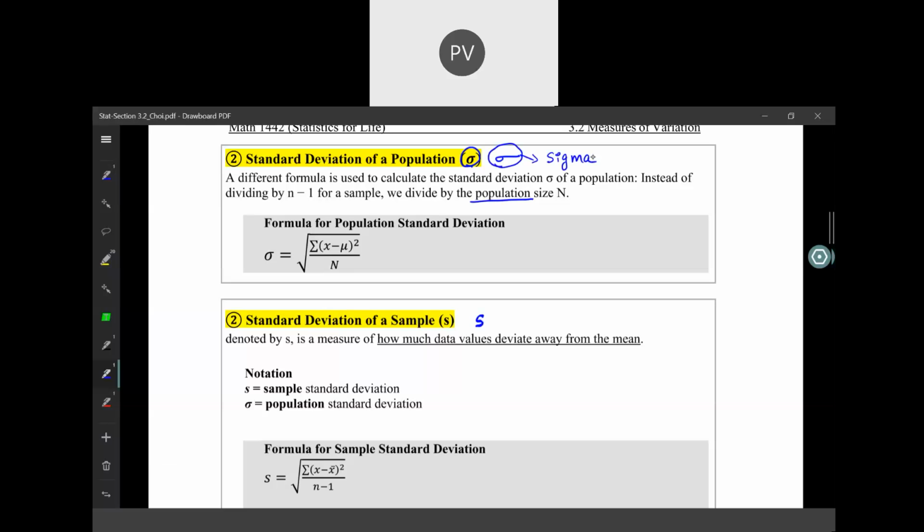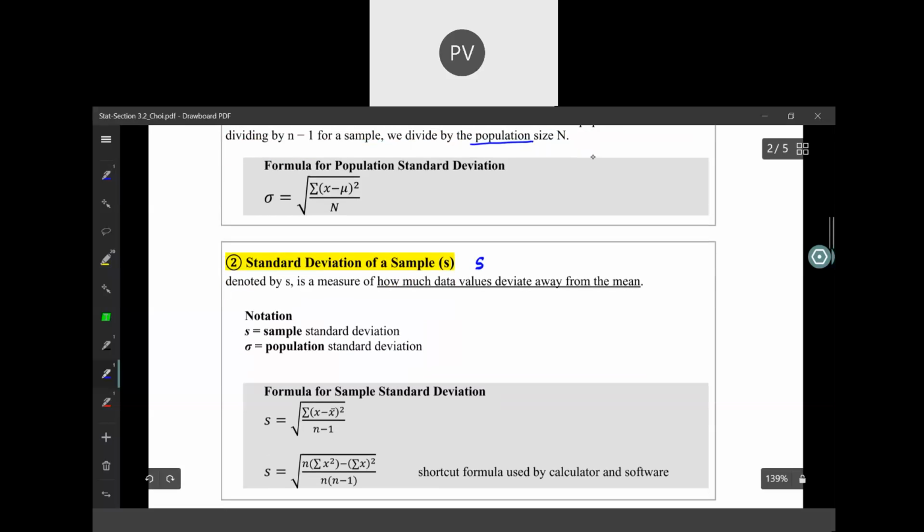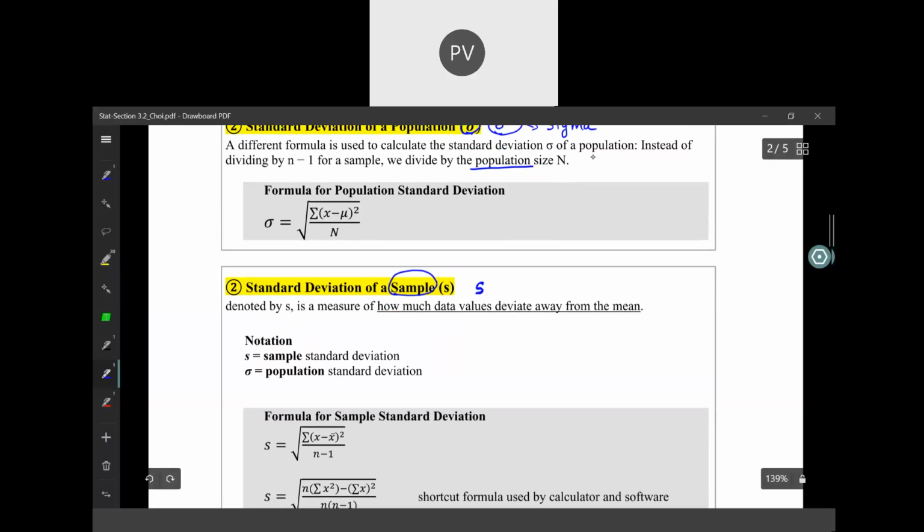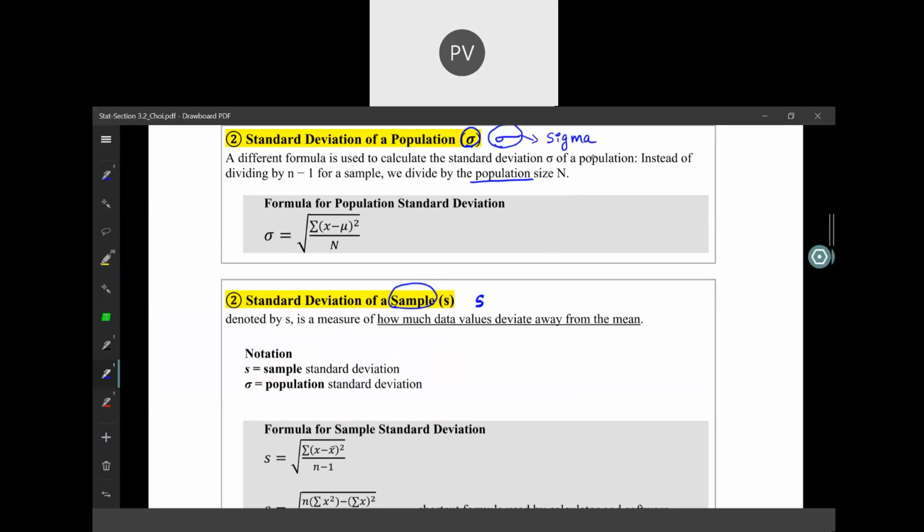If the data values come from a sample, then I will represent standard deviation with a small s. But the formulas will be the same. You don't have to worry about that.